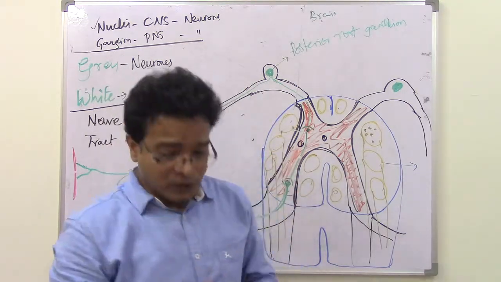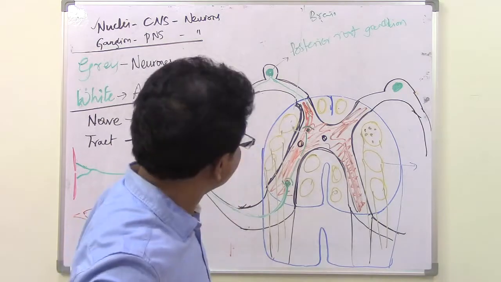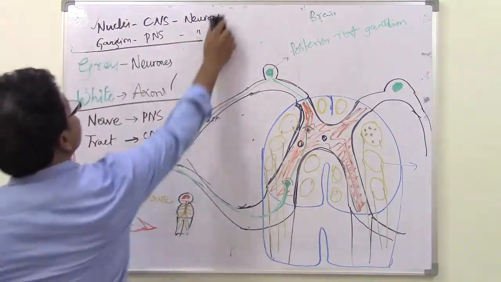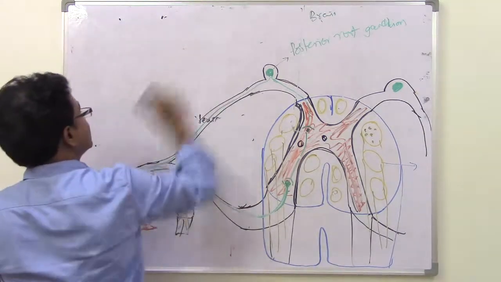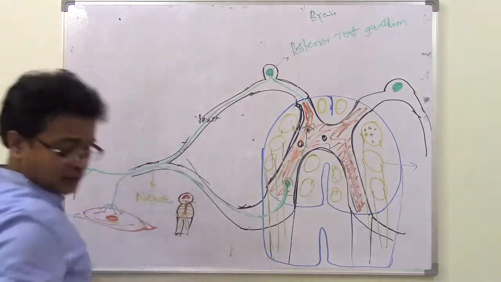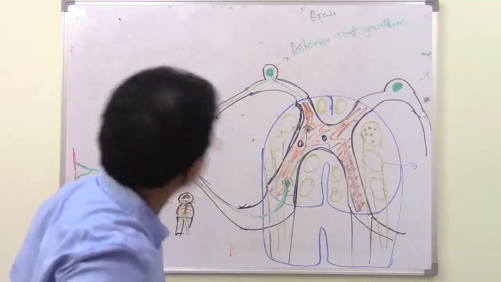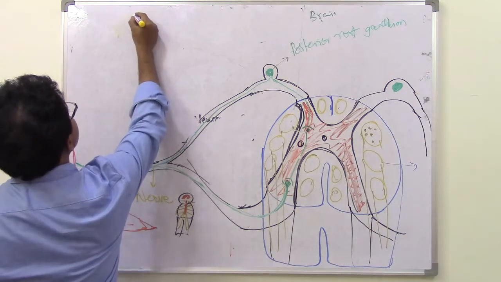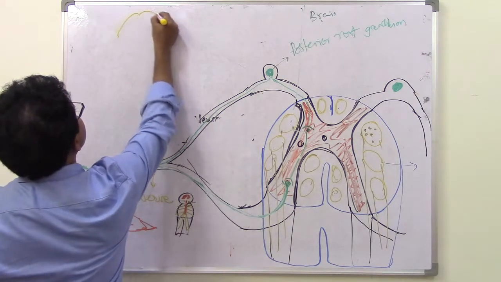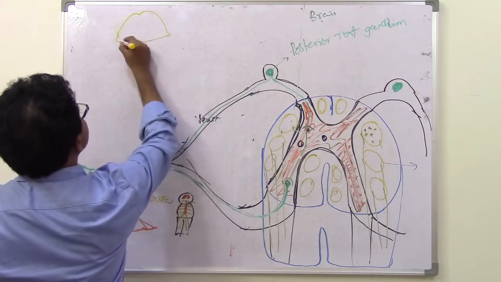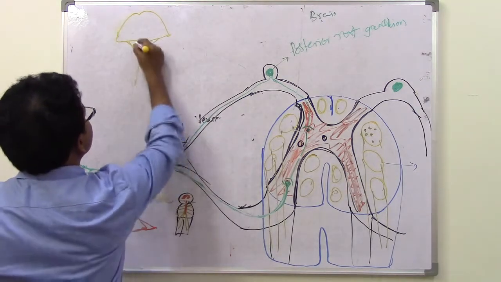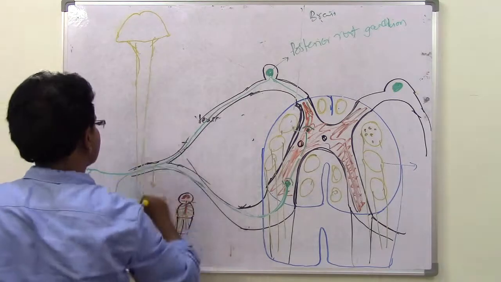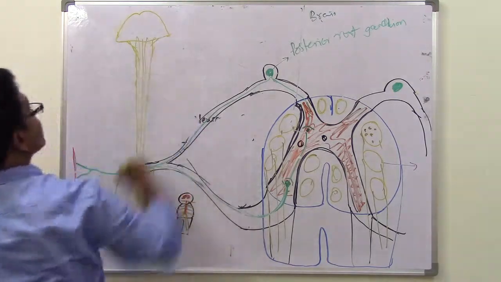Okay, so now if we look at the nerves, say this is the brain stem, and from here we have the spinal cord.